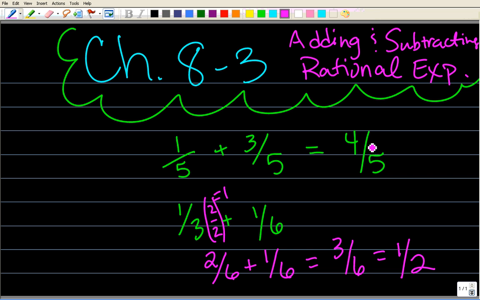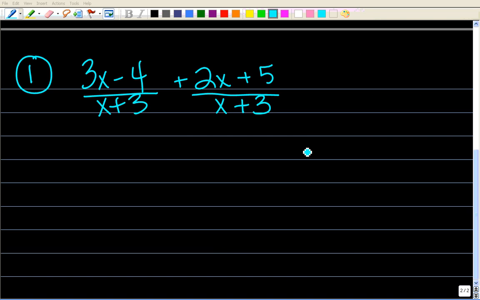So we're going to use the same idea here for rational expressions that have variables in them. Let's take a look. On this first example, we have (3x minus 4) over (x plus 3) plus (2x plus 5) over (x plus 3). Just like before, if the denominator already matches, that's great news for us because we can just add the numerators together.